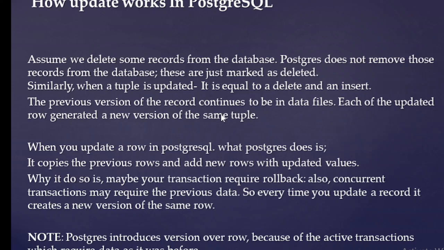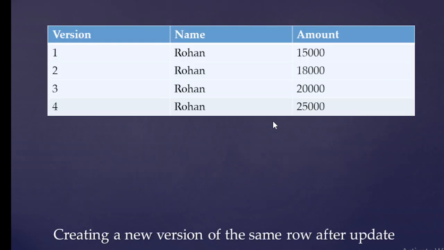The previous version of the record continues to be in the data file. Each updated row generates a new version of the same tuple, okay. So this is how it works. There's one row we will be talking about right now, with name Rohan and amount 15,000. When we update the amount to 18,000, the older version is still there, and we created a new version.